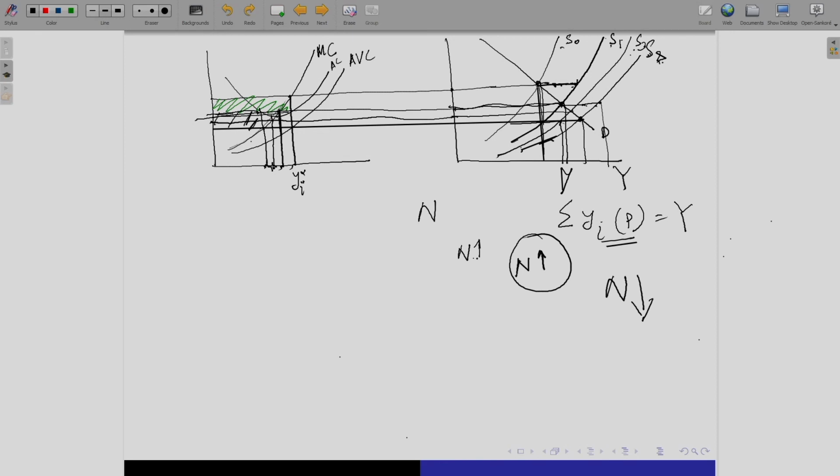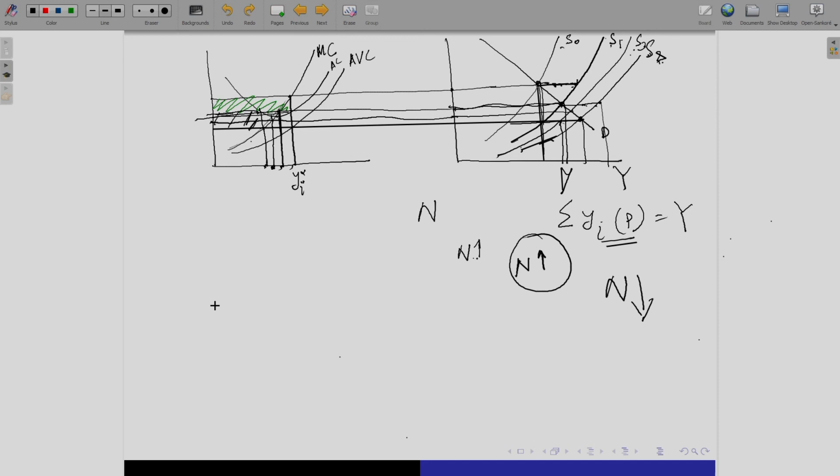So this n is going to go down. So what will happen? This supply curve is going to shift leftward further, and so the equilibrium price will again rise, and then finally it will be at this level where price is equal to the marginal cost and it is equal to the average cost.